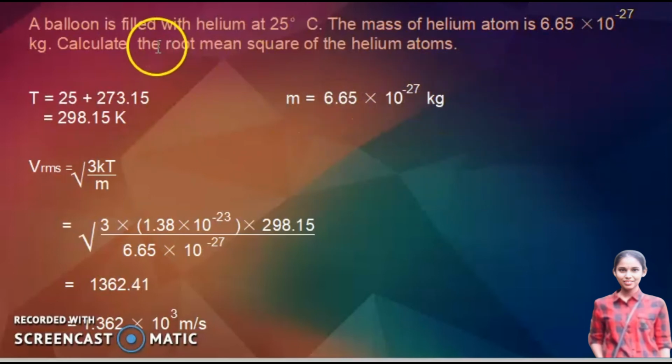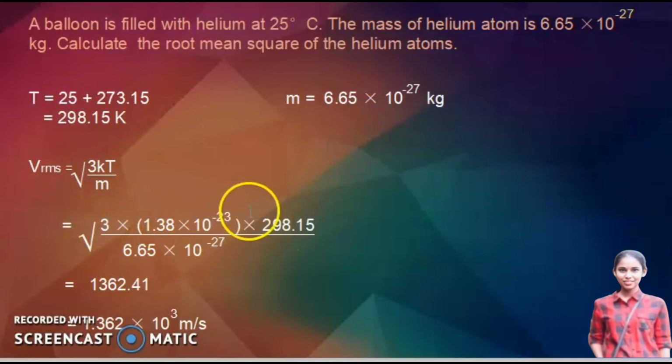Extract it out and then calculate the root mean square of the helium atom. Okay, they ask us to calculate the root mean square of helium atom. Since this question is different, since it already gives us mass, we change the formula a bit. The formula will be square root of 3kT over m.